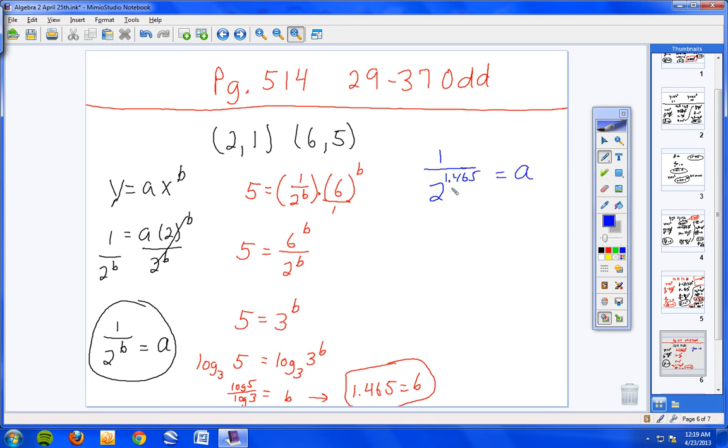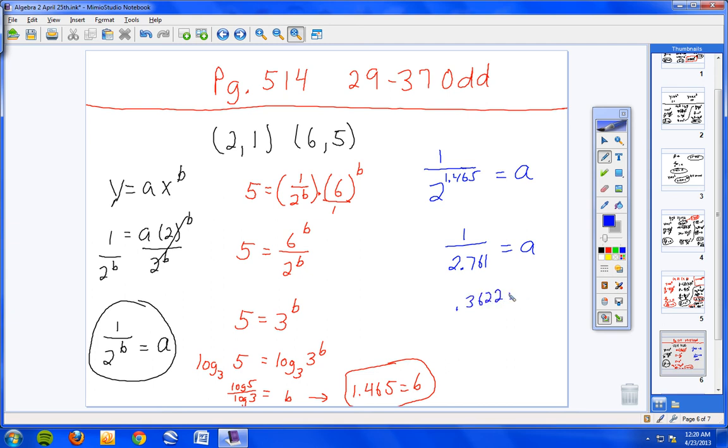So I would simplify your denominator. I would type in 2 to the 1.465 power, and you will get 2.761. Then take 1 divided by that, and you will get 0.3622.